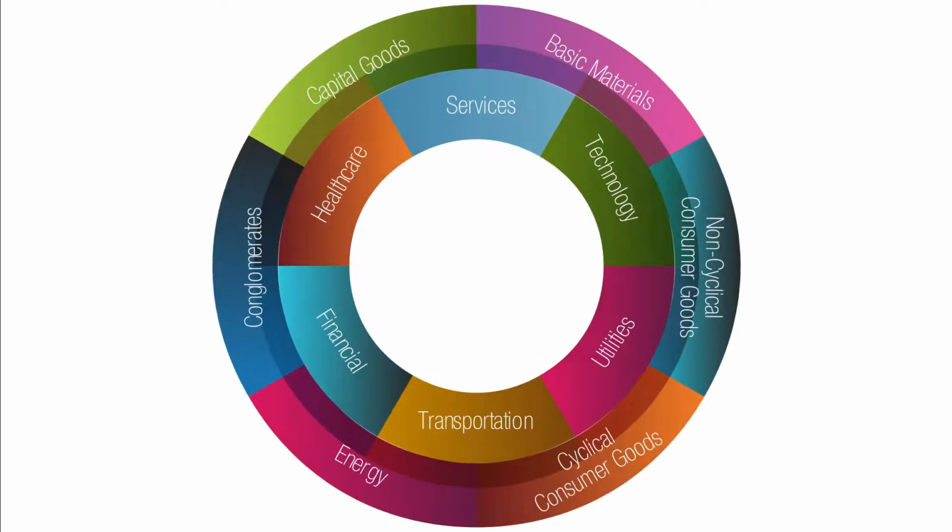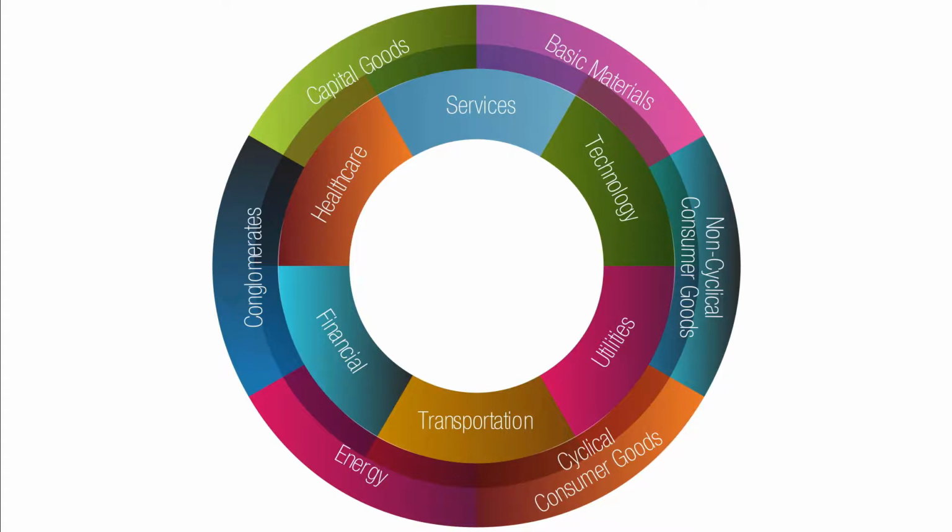So sector ETFs. Sector ETFs are ETFs that invest in stocks and securities of a specific sector. Sectors such as financials, consumer staples, consumer discretionary, real estate, the general sectors that you hear about when they're talking about the S&P 500 exposure, but this gives you a targeted exposure into that specific sector, so you can take a sector bet.